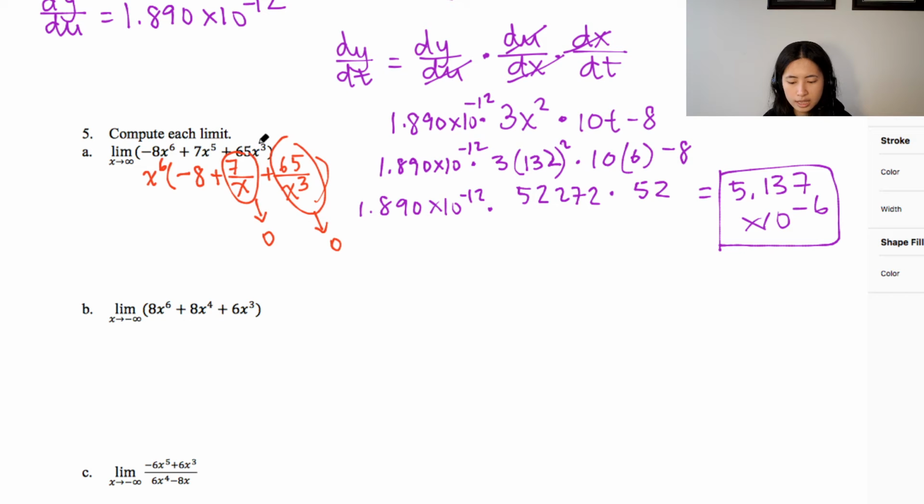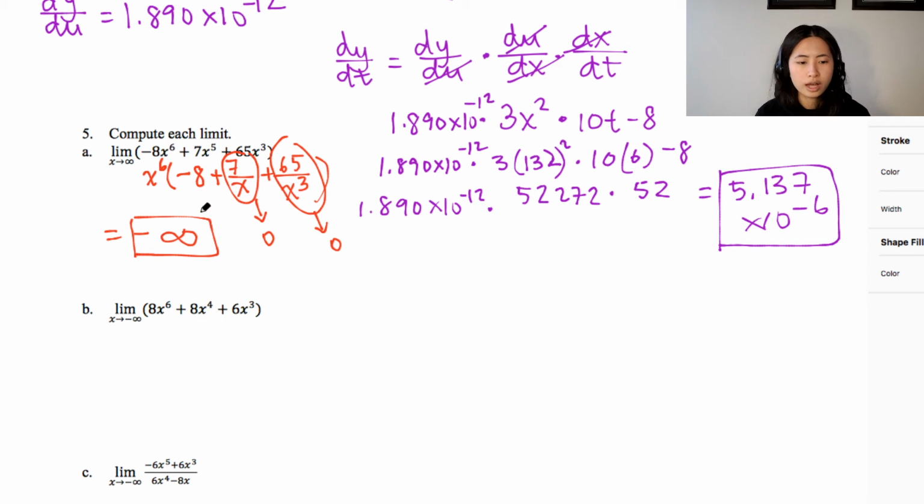You're going to see that it's approaching 0 because it's 7 times 10 to the negative 4, which is 0.000 and so on and so forth. On the other hand, this is negative 8, but a number times infinity would still be infinity. That's why this would actually be negative infinity, and it's because of this negative sign over here. When you multiply that to infinity, that would give you negative infinity. So that's how you find the limit of this.